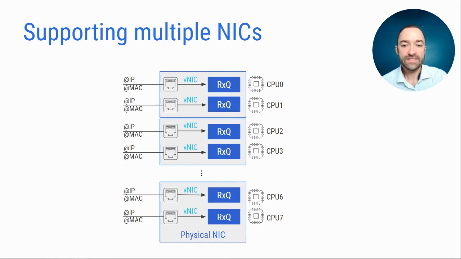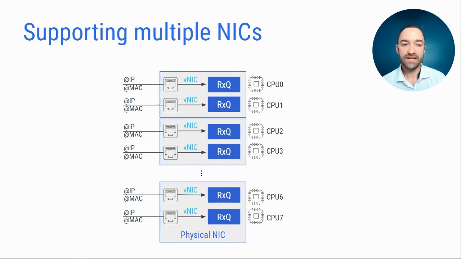What is great is that it works well for client applications that can use multiple IP and MAC addresses. It can also be useful for server applications in which the clients that connect to that server are shard aware and may want to contact a specific CPU which is responsible for a given shard.